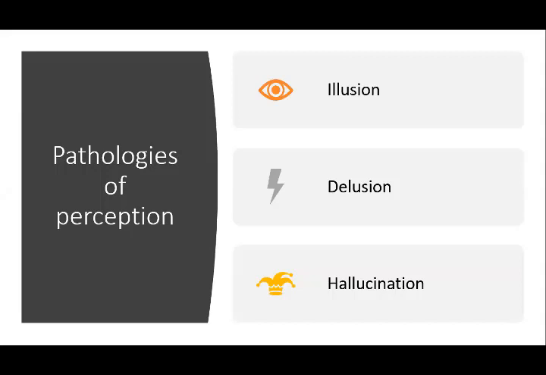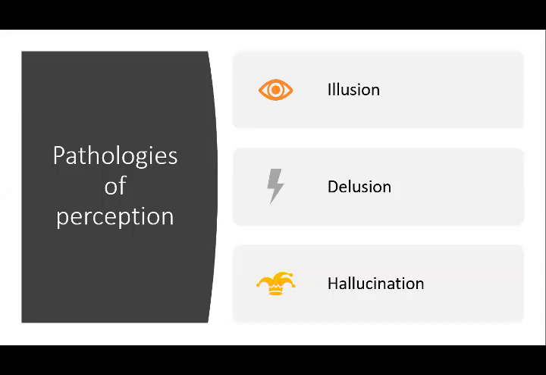If that subject firmly believes in it, then we will label it as delusion. What is delusion? False, firm belief. I will explain. Now, what is illusion? The stimulus is there, but a particular person is perceiving it wrongly.